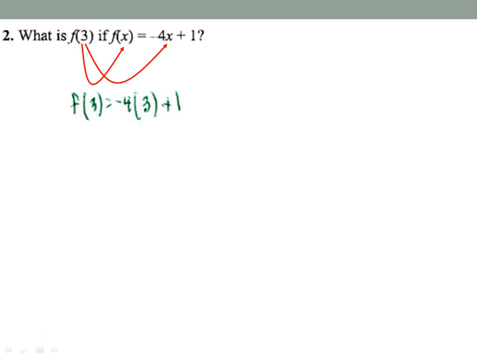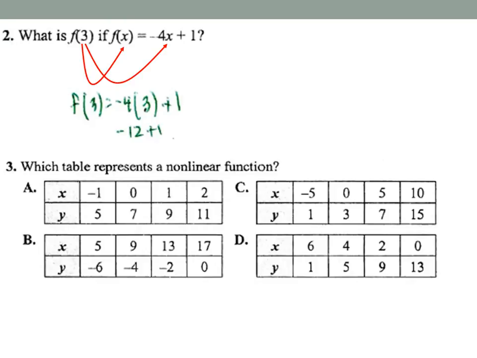We know that negative 4 times 3 is negative 12, and negative 12 plus 1 is negative 11. So f of 3 is equal to negative 11. Sorry, guys, if you're watching the video, you have to listen to the audio to get that one.